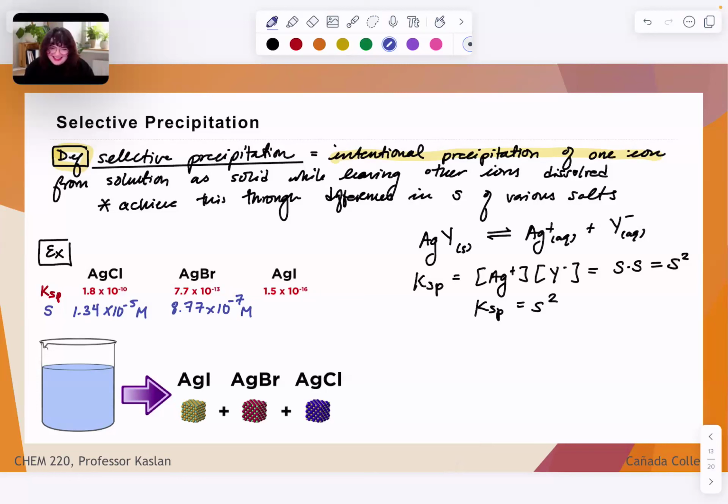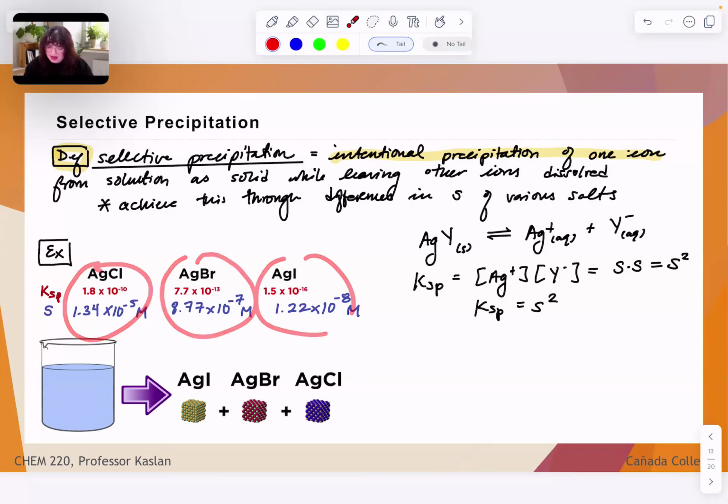And then silver iodide, that has a KSP of 1.5 times 10 to the negative 16. So if we were to square root that, we get a molar solubility for that salt of 1.22 times 10 to the negative 8 moles of solid dissolvable per liter. So we do in fact see here a correlation between KSP and the actual solubility of our substance.